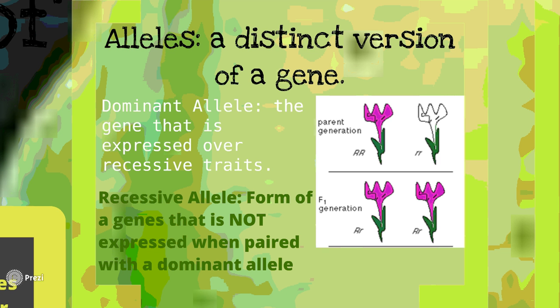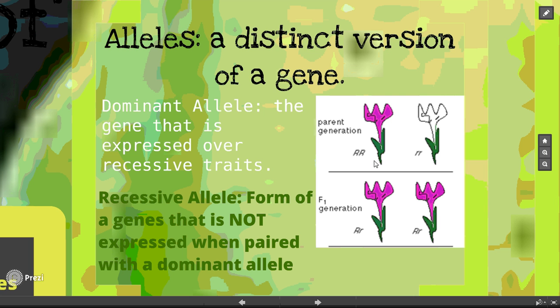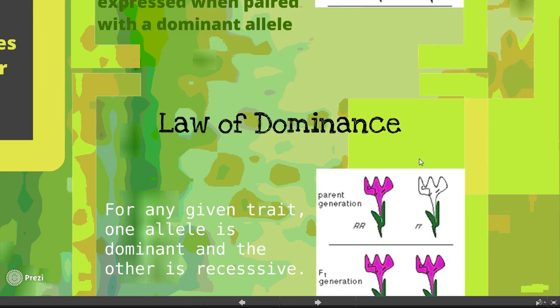So if you look at this picture here with the flowers, we have the big R, that represents the dominant allele, and little r represents the recessive. If we have 1 of each, then only the dominant color shows. Notice that if we have 1 of each, we don't get a light purple, we just get the same purple because that one is dominant and it overshadows the recessive. The only time a recessive is going to show is if both alleles are recessive.